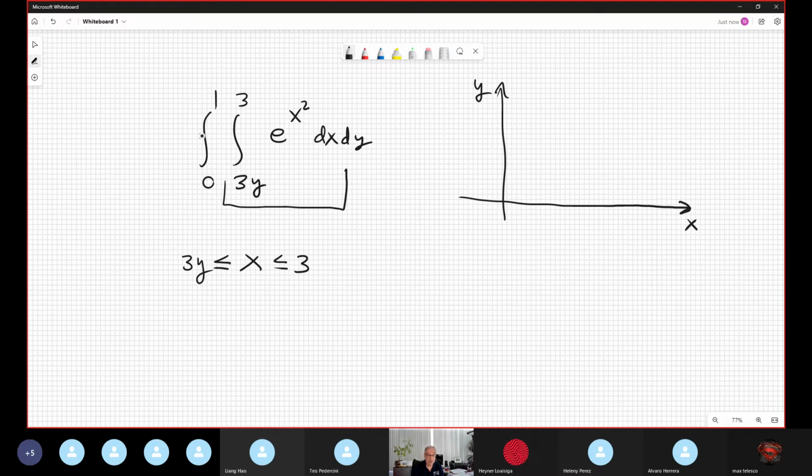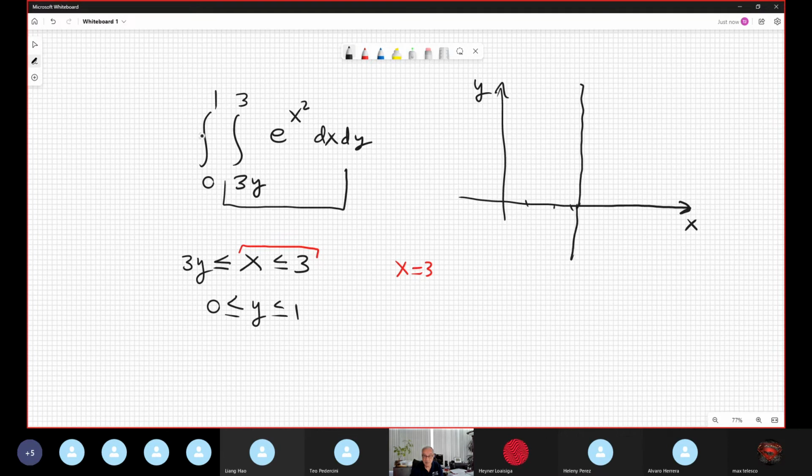And y varies from 0 to 1. With this information, I try to do the sketch of the region. And this part is x equal 3. I convert to equation to understand the boundary. So 1, 2, 3. It's a vertical line.